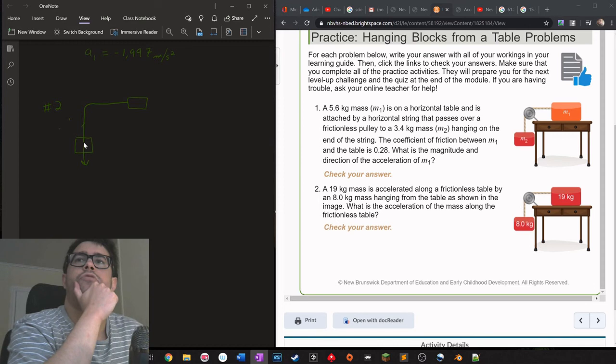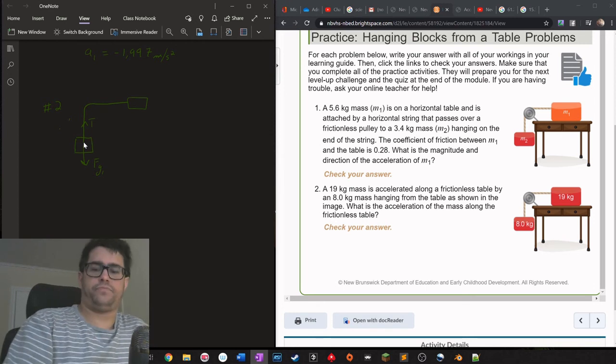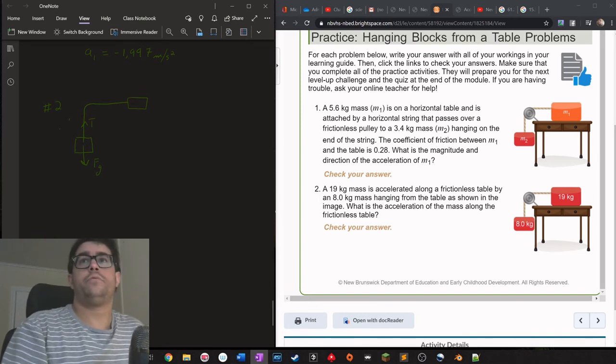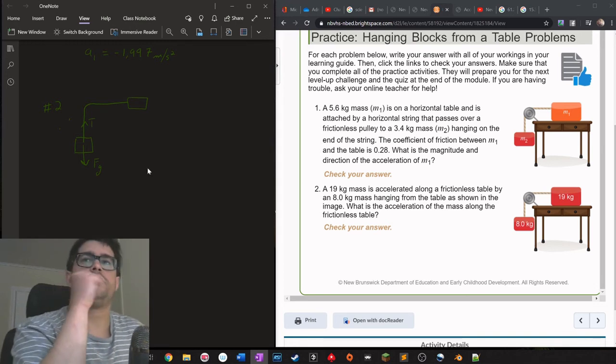Draw the forces involved. I don't think it matters much because our formula is forgiving.